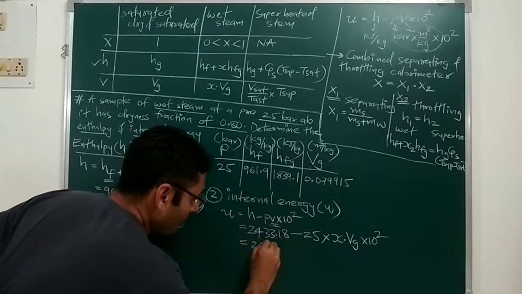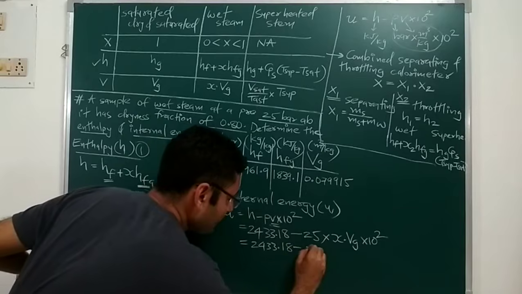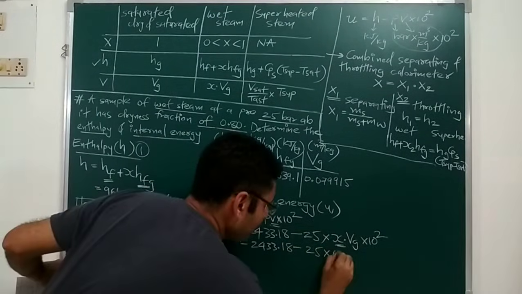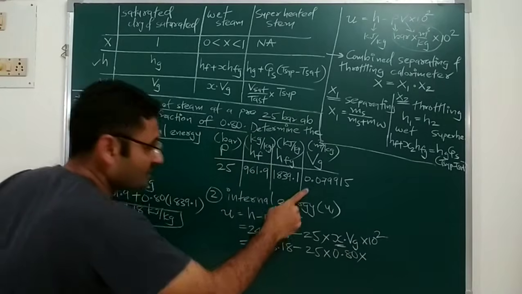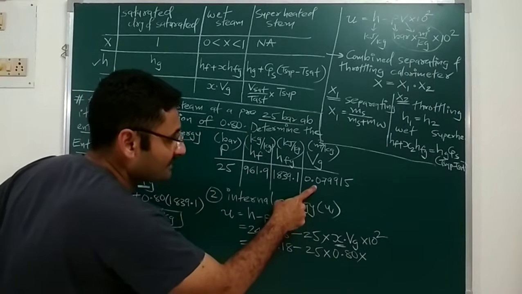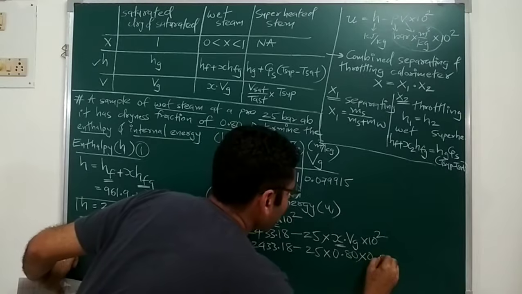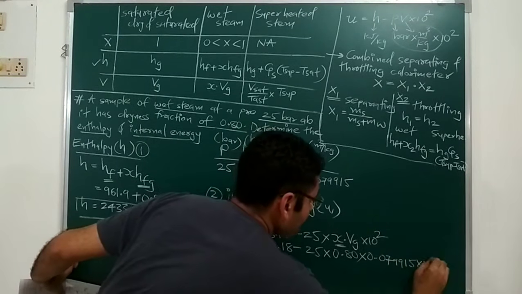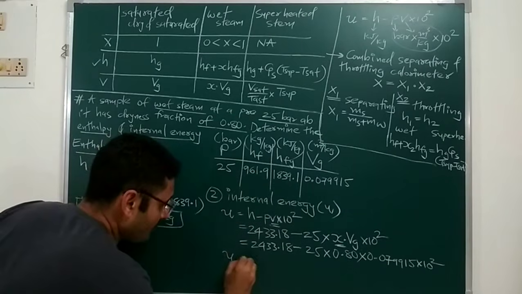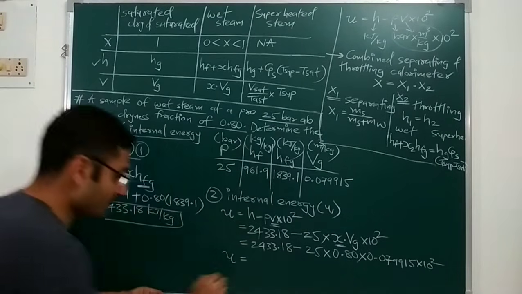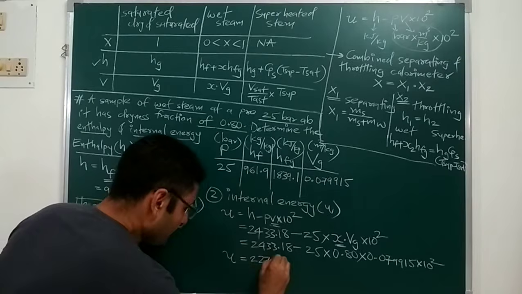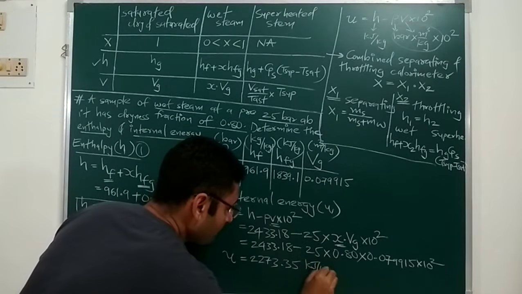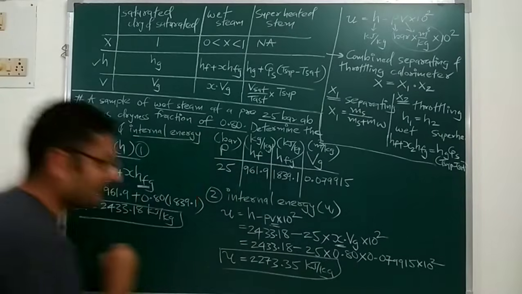So it will be 2433.18 minus 25 into value of X is given, which is 0.80. Also value of Vg you have to find from the steam table, which is 0.079915 into 10 raised to 2, so that you will get the answer of internal energy, which is 2273.35 kilojoule per kg. So that is your second answer.